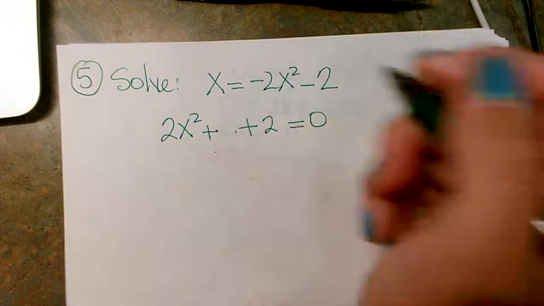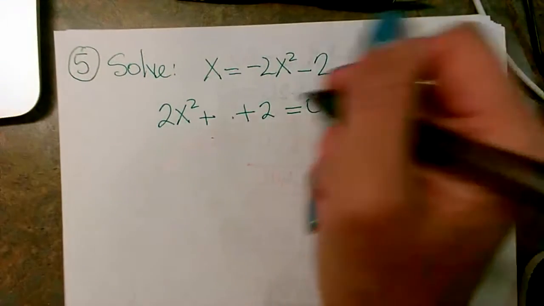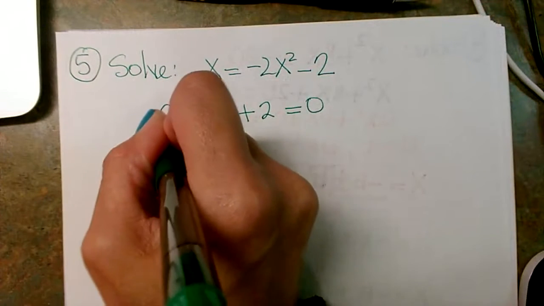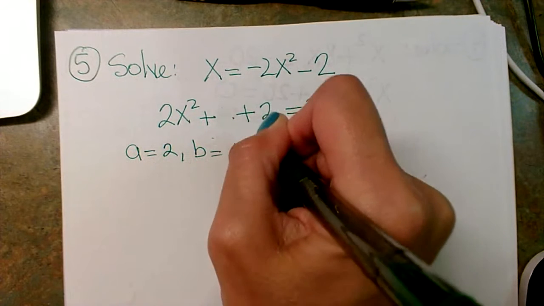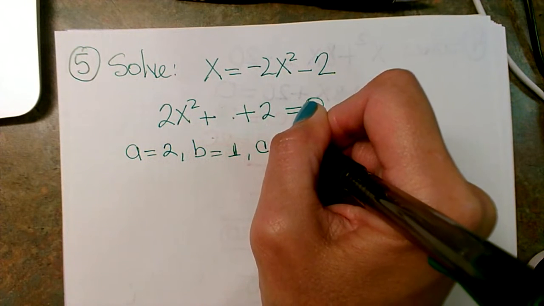As soon as it's right, I'll write down the x here. Okay? So what do I have here? I have an a equal to 2, b is 1, and c is 2.